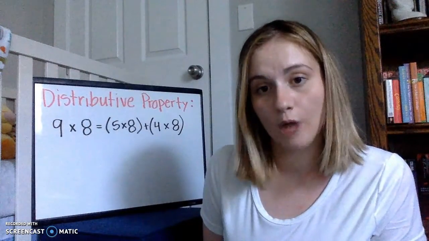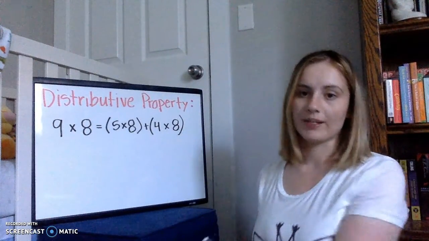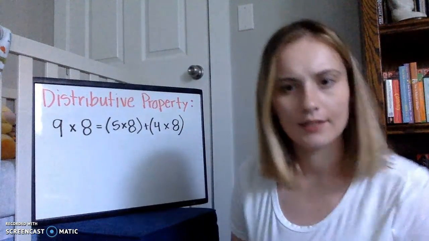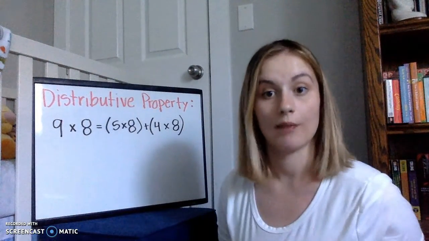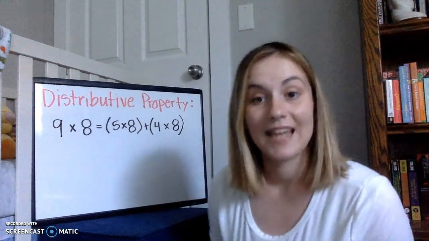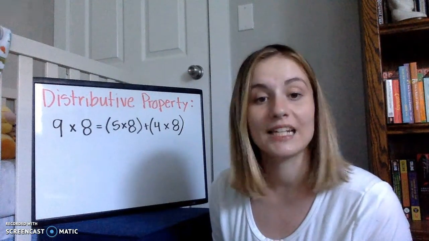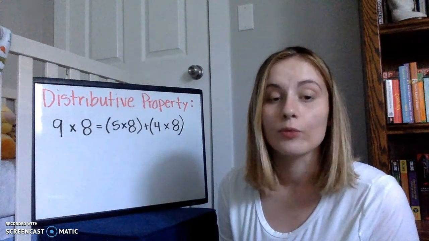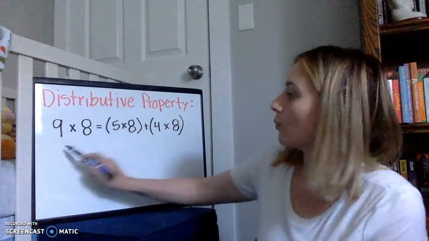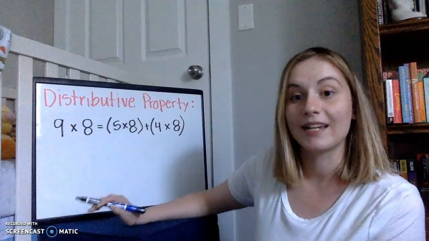Next multiplication property is the distributive property. This one was a difficult one for us when we first learned it. So let's go over it one more time, okay? 9 times 8 is the same thing as 5 times 8 plus 4 times 8. And the reason for that is I can take one of these numbers and break it down.